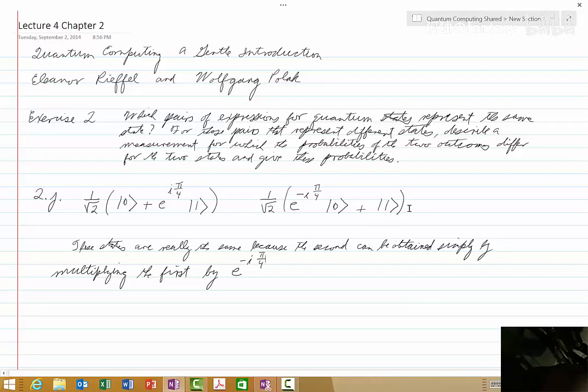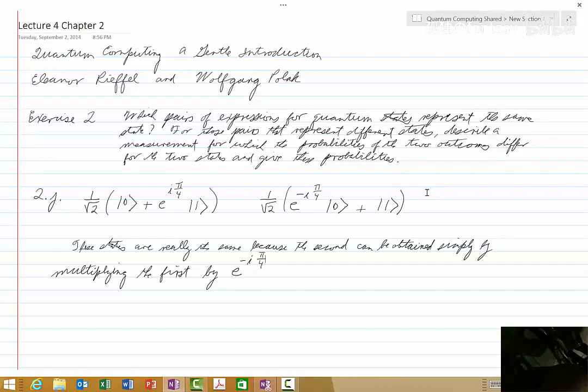And so, indeed, just a moment's thought will show that these two states are the same. And in a case where the two states are the same, there's nothing else that needs to be done.